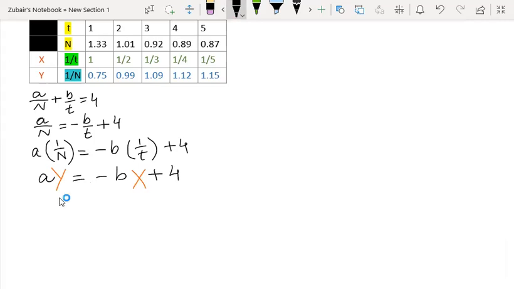So y is equal to minus b upon a x plus 4 upon a. Now we can say that this is in the form y is equal to mx plus c.